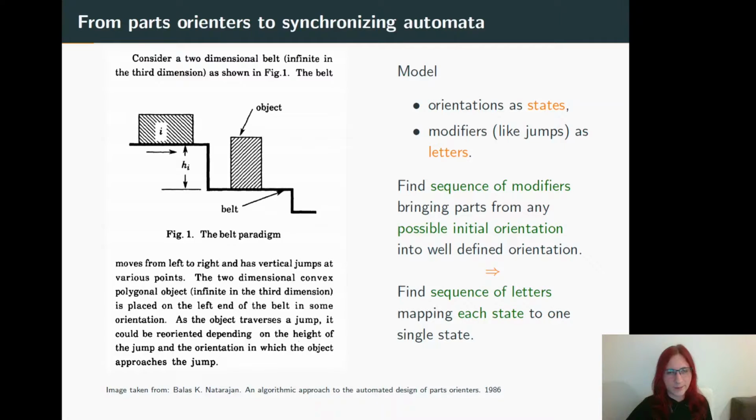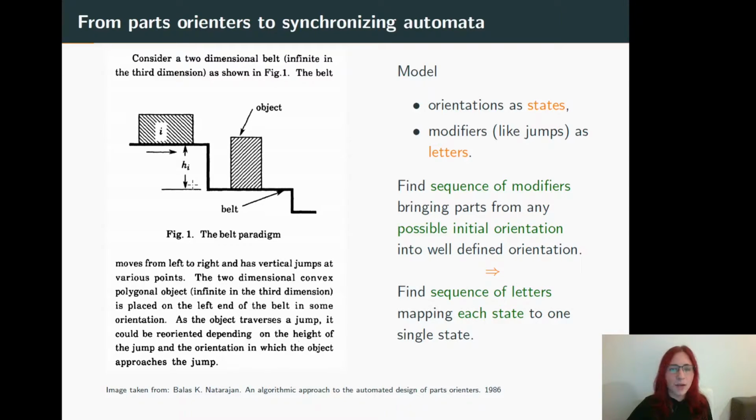But what this formalization does not take into account is that the modifiers can have some impact on the parts. So here it is assumed that after the jump, the part itself is still intact, and that it's still in the same form as before the jump, only the orientation has changed.